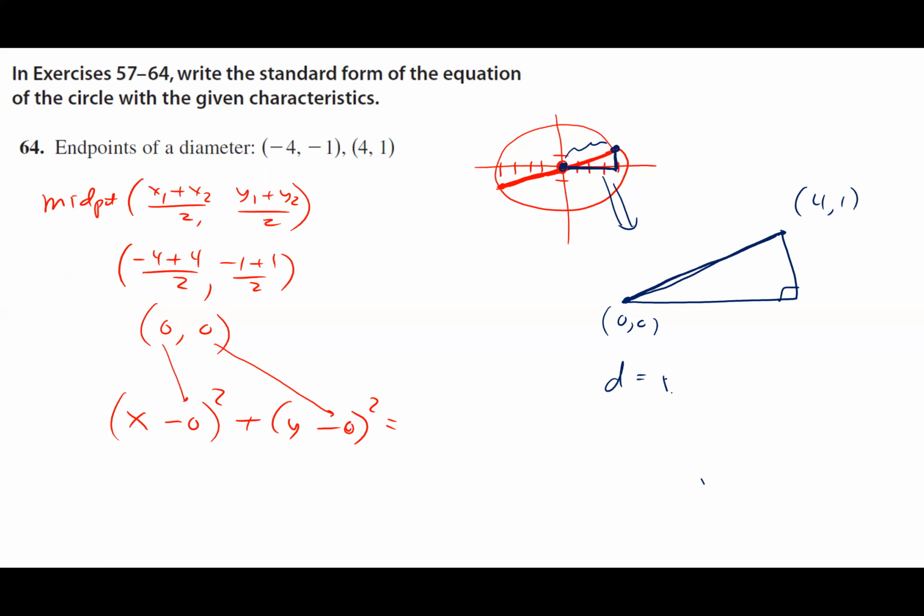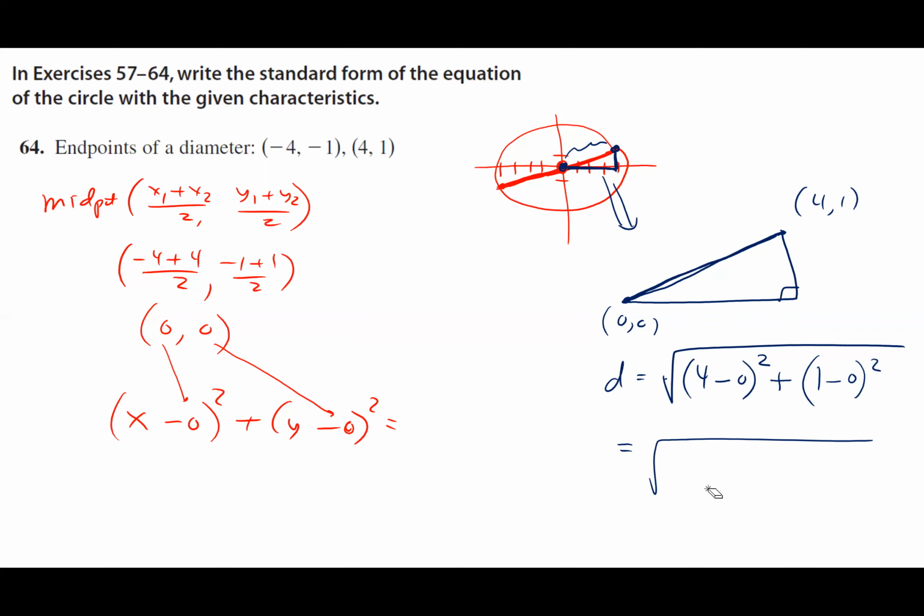The distance formula is x2 minus x1 squared plus y2 minus y1 squared. Can you guys finish that one out? Go for it. Square root of 5. Are we sure?